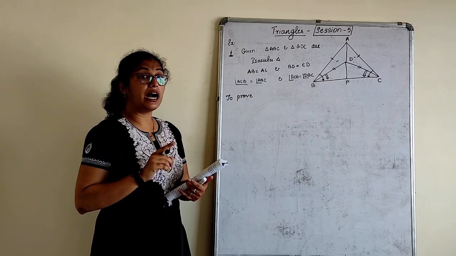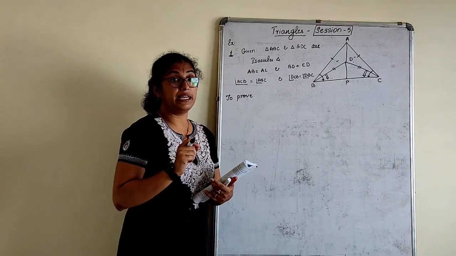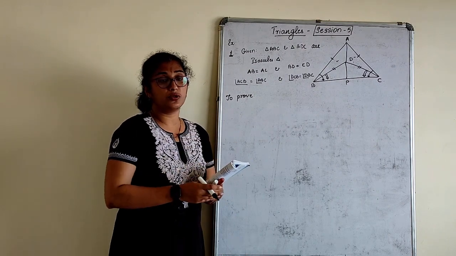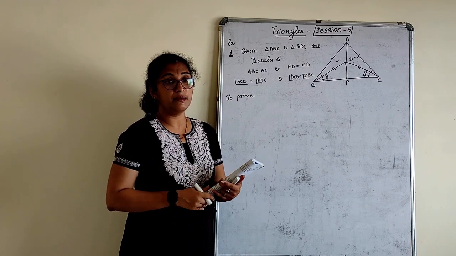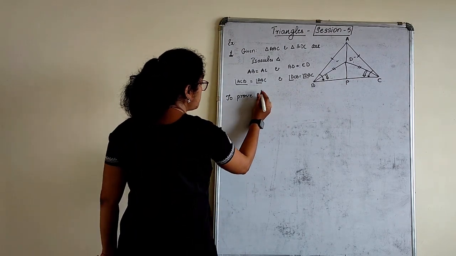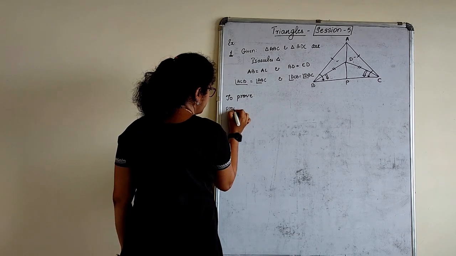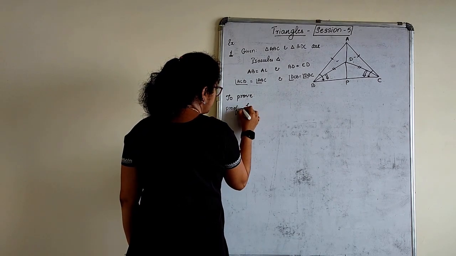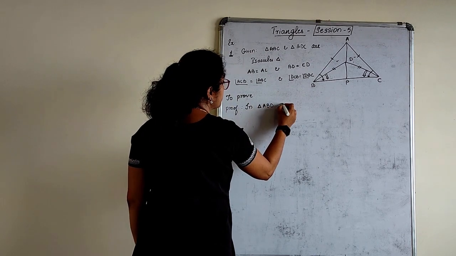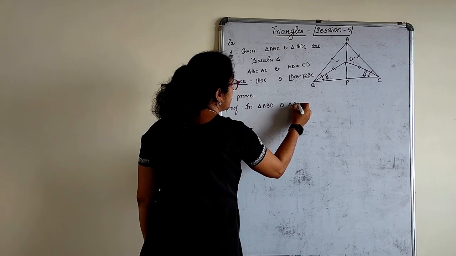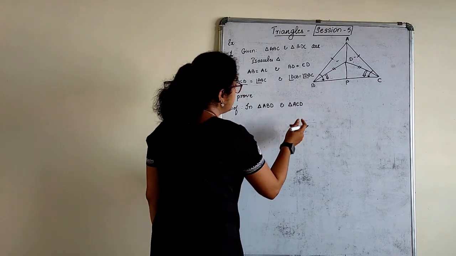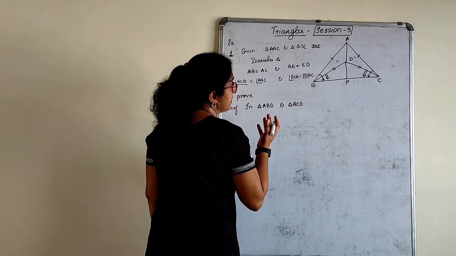But whenever they ask us to prove that something is perpendicular, that is 90 degrees, that cannot be proved directly with congruency, but using congruency we can prove that. Let's see how. Let us start stepwise. Proof: in triangle ABD and triangle ACD, let us write down what things are equal.